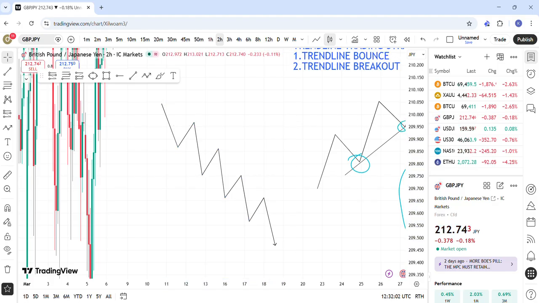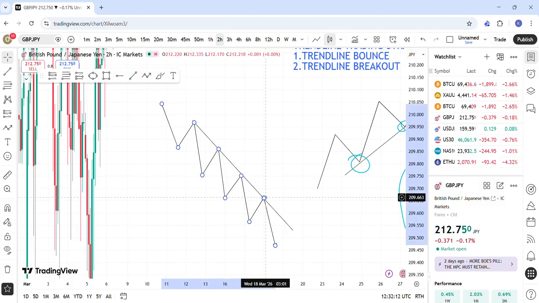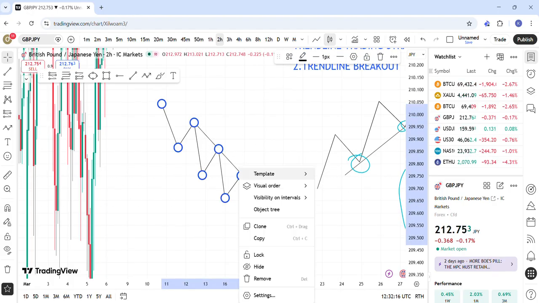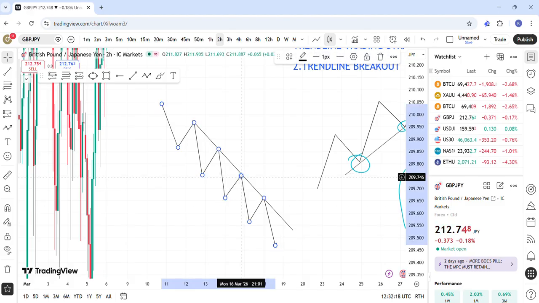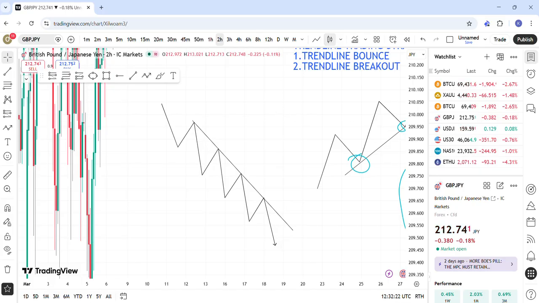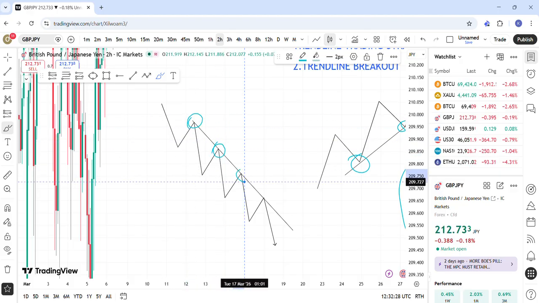So you connect it with this. See that? So that's simply it, the connection of two or more troughs. That's how you draw a trend line.